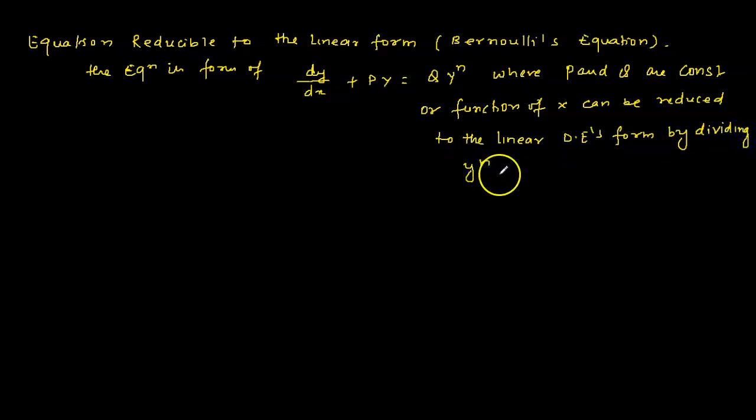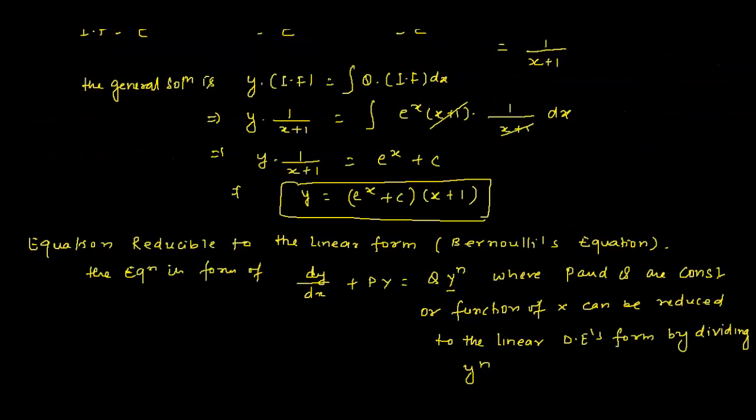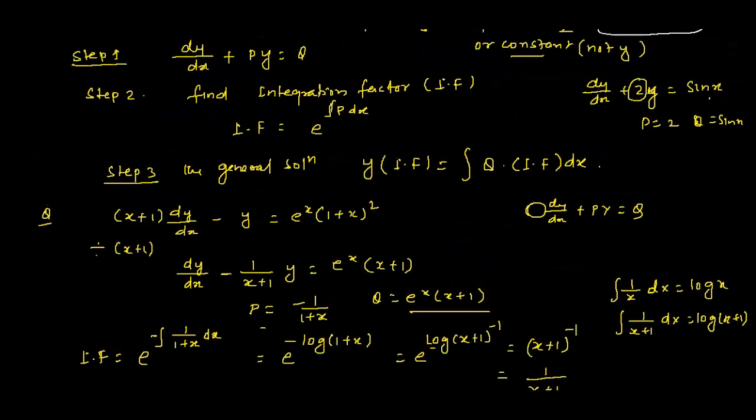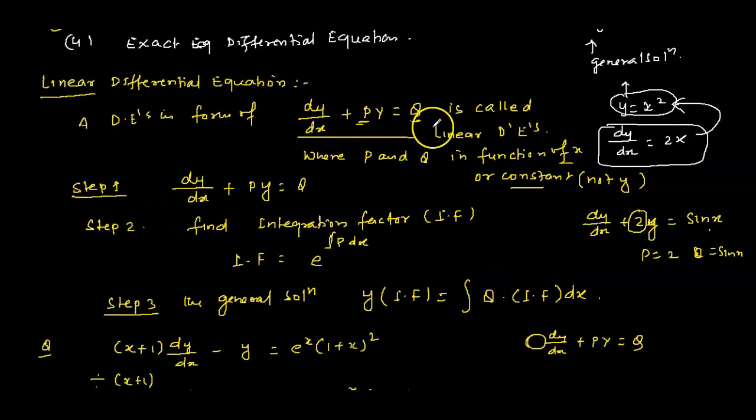Okay, see here, y is given on this side. So if I divide by y to the power of n on both sides, it becomes like a linear differential equation, which I have done before, right? This format will become that, because P and Q should be in terms of only x.